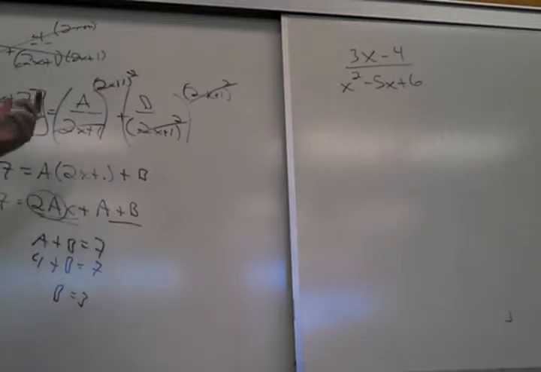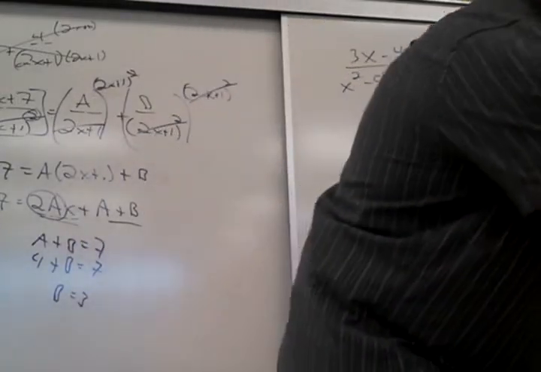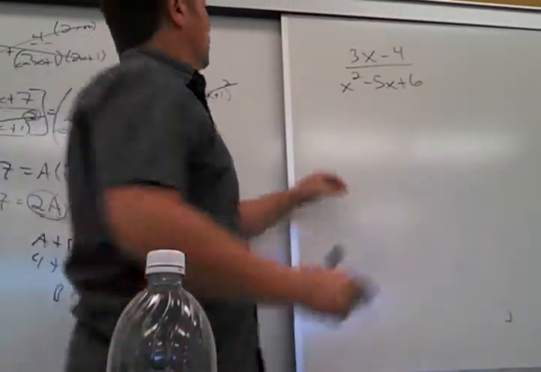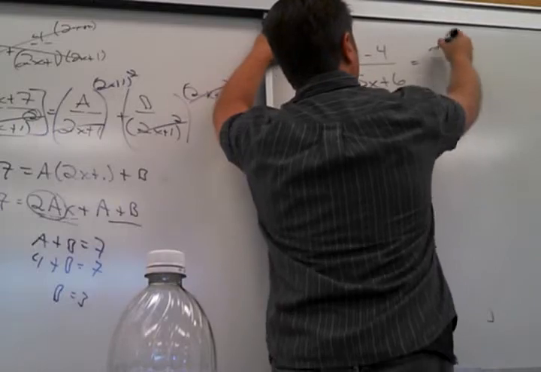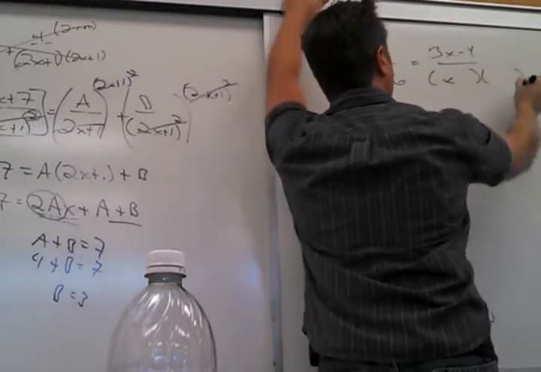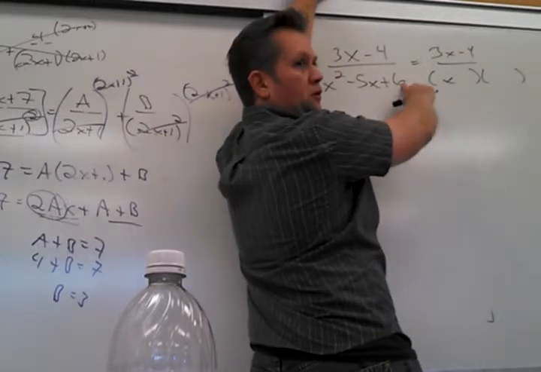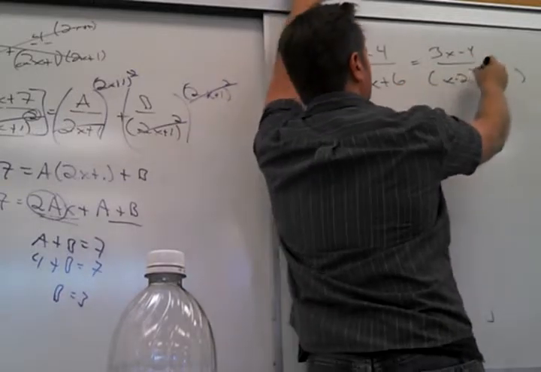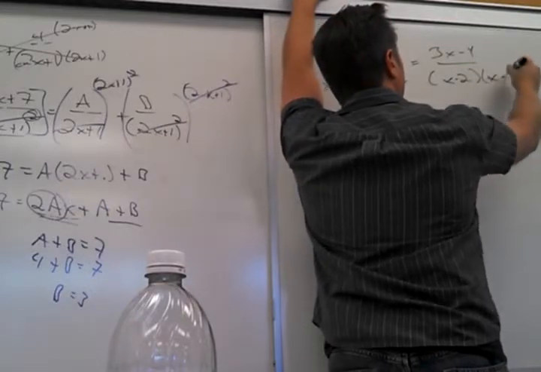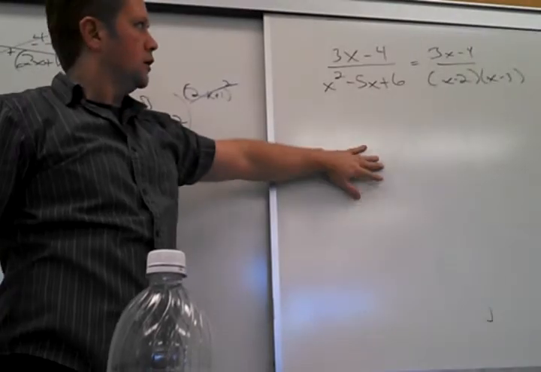So how do you prettify the bottom here? Factor it. So what do you get there? X plus... Yeah, this is one of the evil ones. It could be 6 and 1, or it could be 2 and 3. This guy's got to be 2 and 3. Small numbers, but it's one of the weirdest little freaky factoring ones there is.